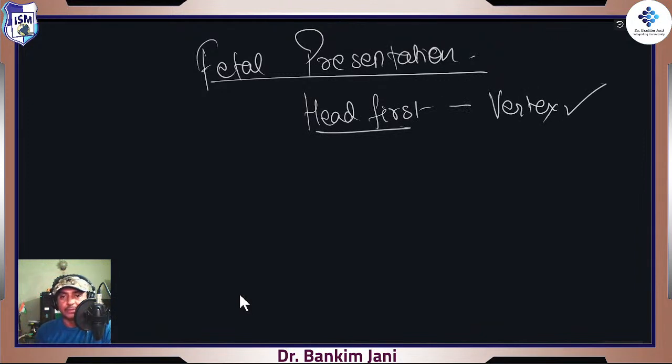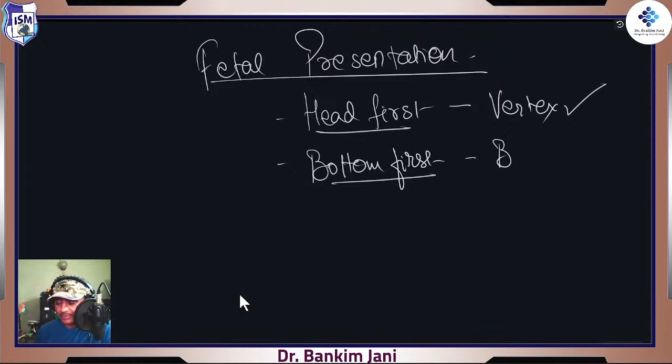In case of vertex presentation, when the head is completely flexed, vertex would come first. Or even when it is military, still the vertex would come. When the baby is completely ulta, which is like the bottom first, that is what is called the breech presentation.